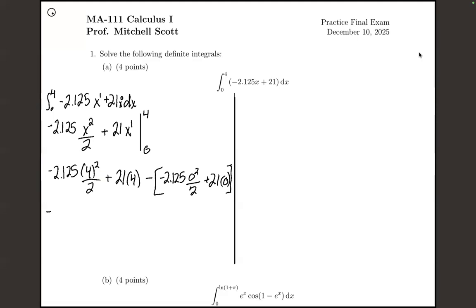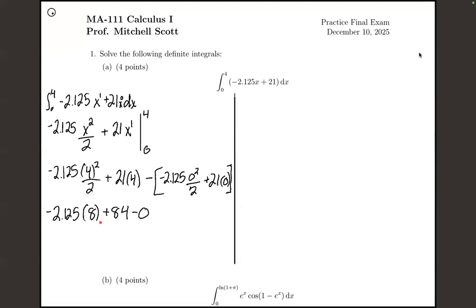So this is going to be 0.125 times 4 squared, which is 16, but we're then dividing by 2. So that's going to leave us with 8. And then this is going to be 84. And as I said, 0 times anything is going to be 0, so both of these are 0, and we're going to subtract 0.